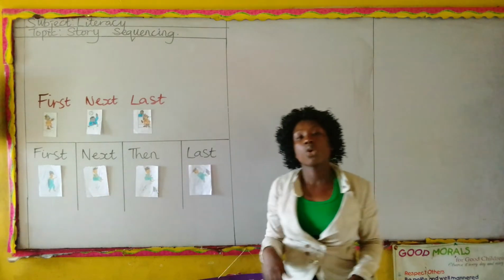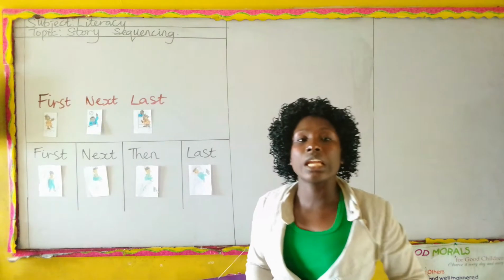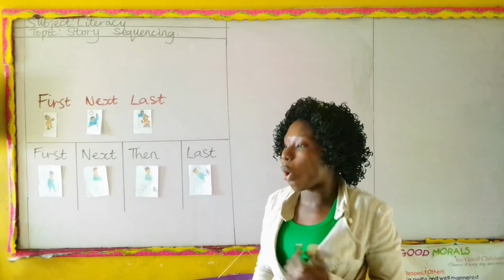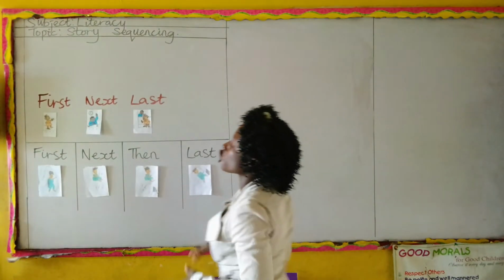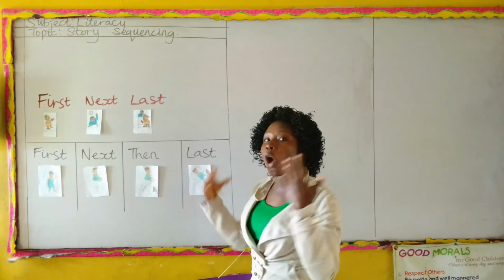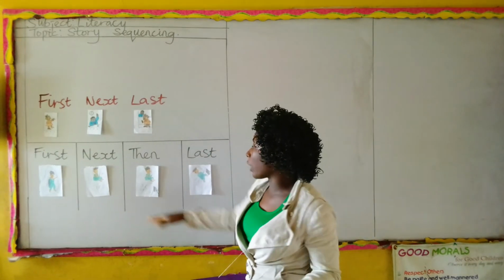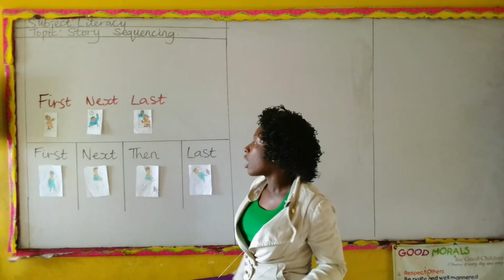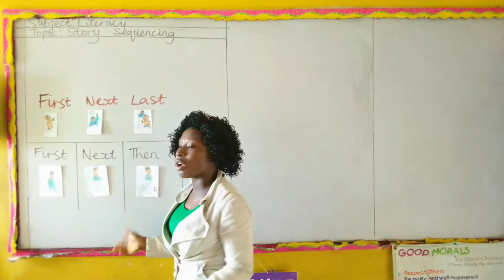So this is how to arrange a story in sequential order. It is called story sequencing. We've read the story, you understand it, right? And then we had to arrange the pictures so that we can even read with the picture.